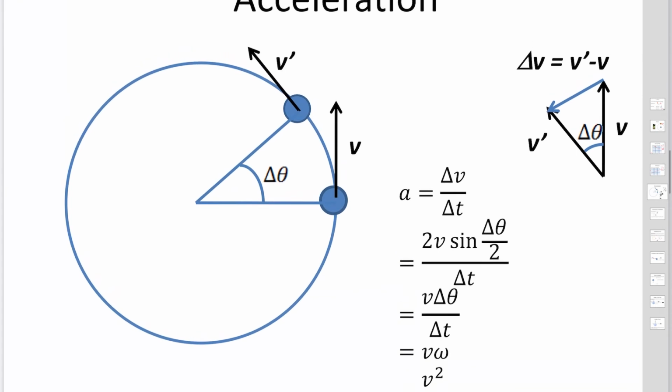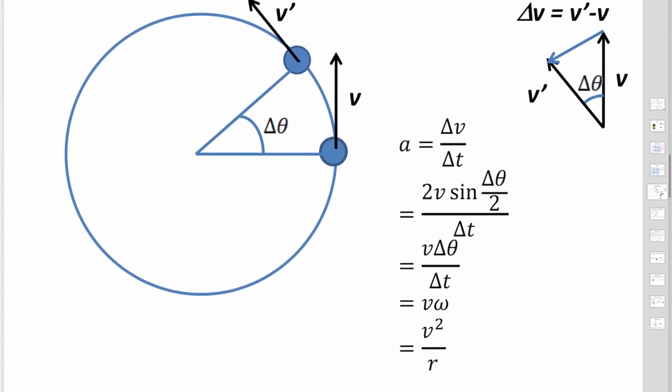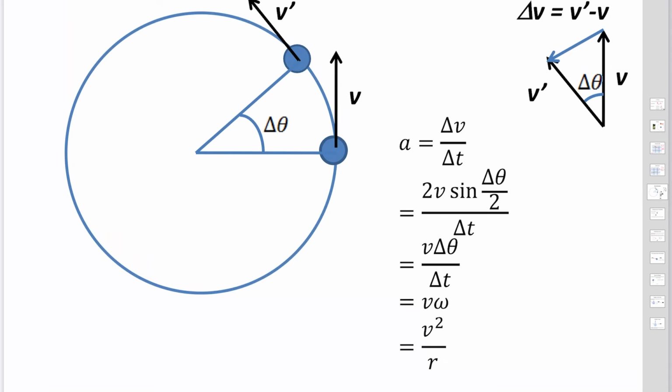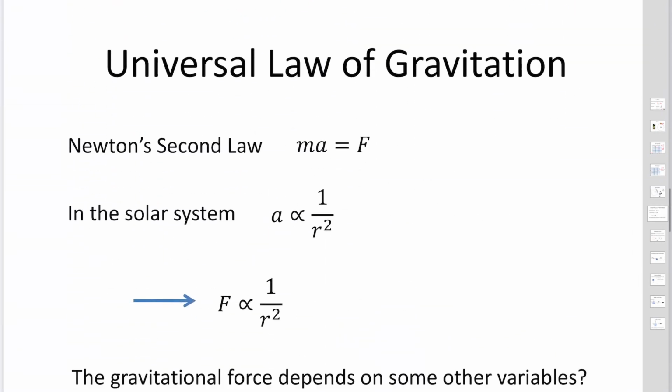Okay, then we could derive the acceleration. So acceleration is given by V squared over R, and V is proportional to R to the -1/2.